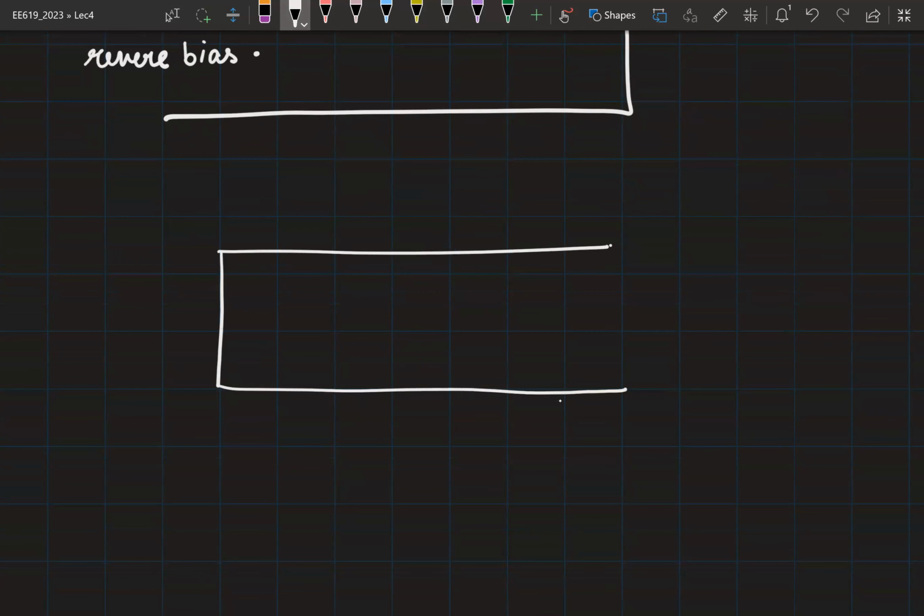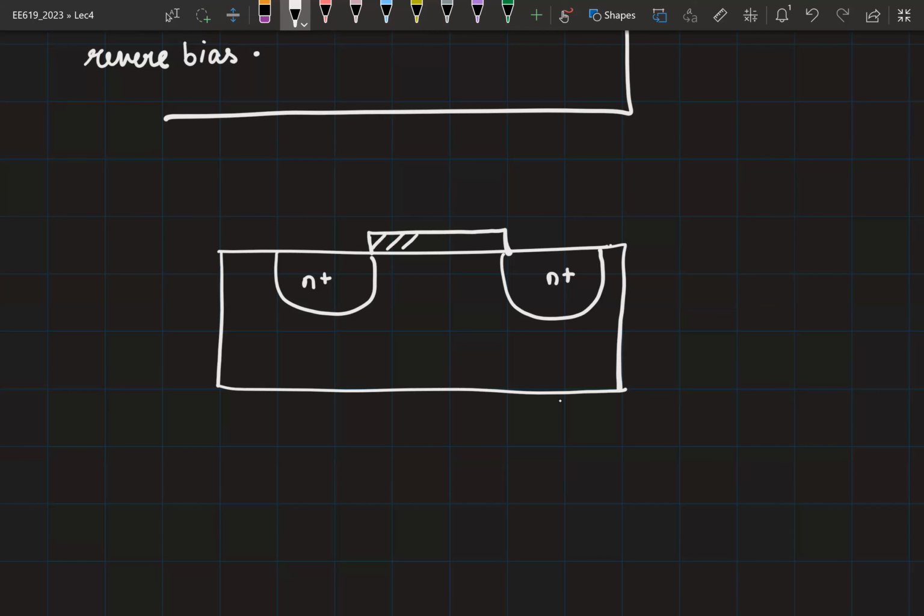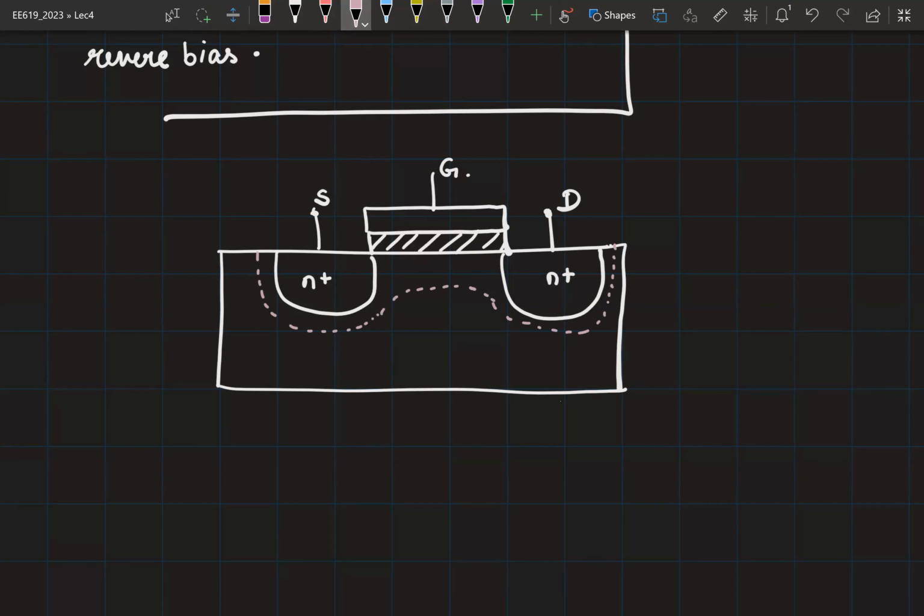So you have an N plus region here and another N plus region here. You have the oxide and the gate. As you know, there is a small reverse bias region associated with both of these. Under regular operation, you would have a channel and an associated depletion region under the gate.